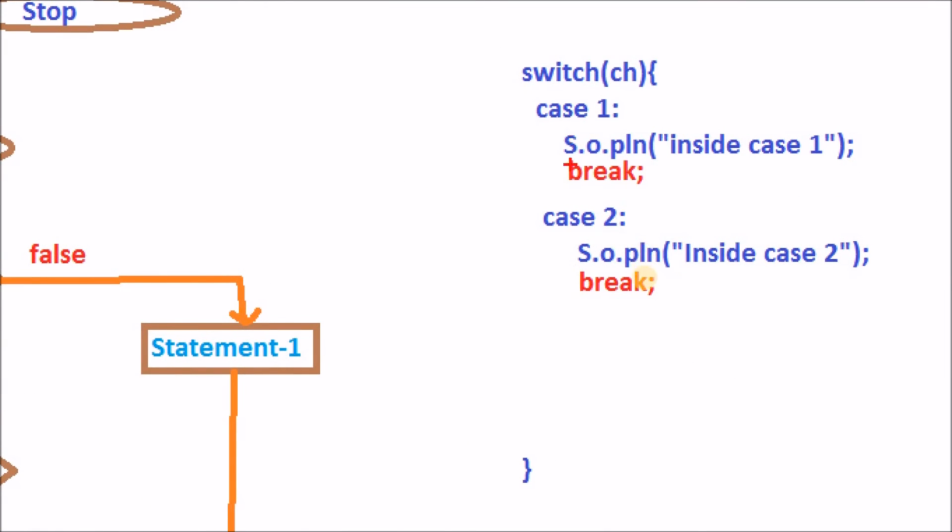Let us assume choice is 1, then after executing inside the case statement, the break statement is executed, right? Now this break statement takes the control out of this switch statement. Similarly if statement 2 is executed, or else 3, and so on.